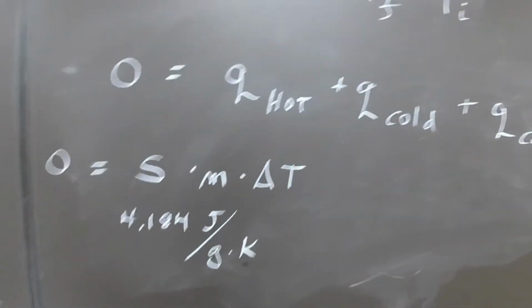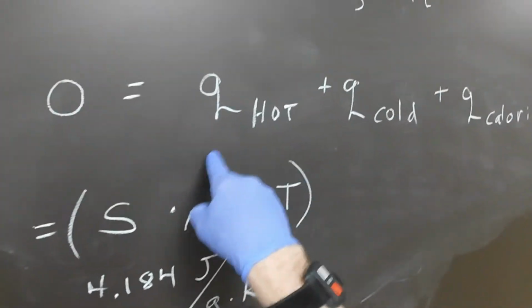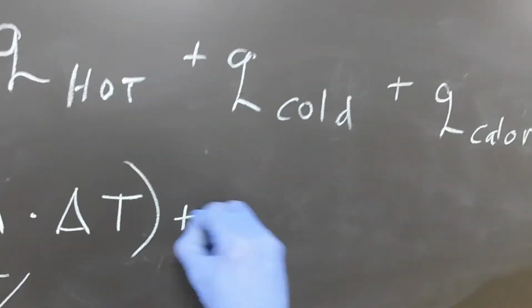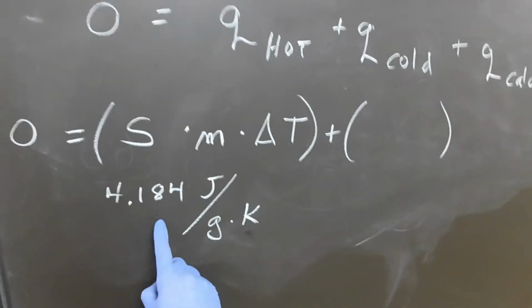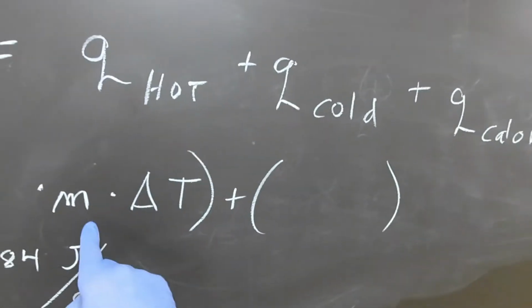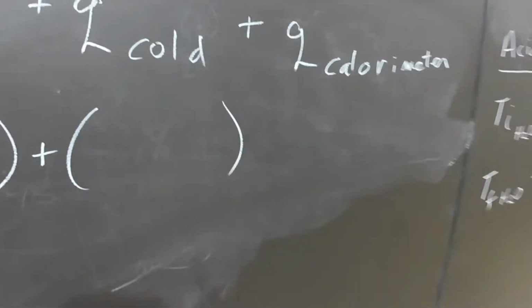Okay. So this is what represents q for hot, and the same thing for cold, because we're talking about water and it has the same specific heat. It just may have a different mass and a different change in temperature.